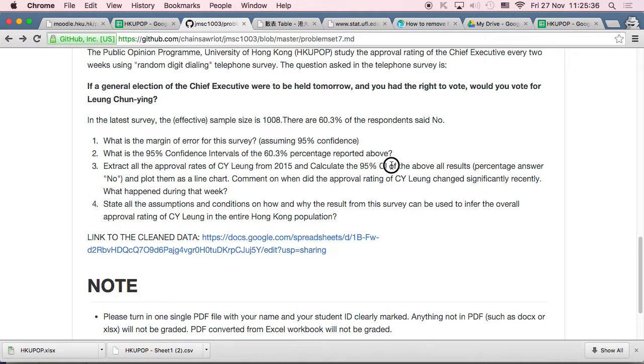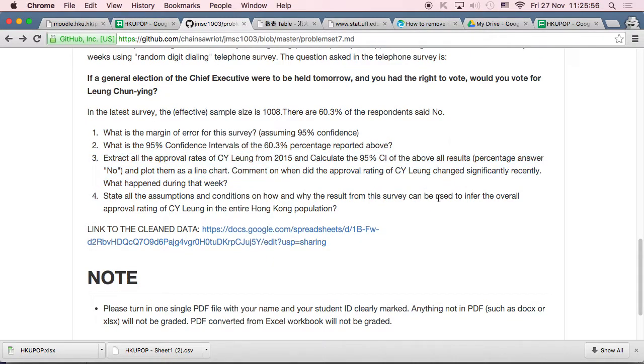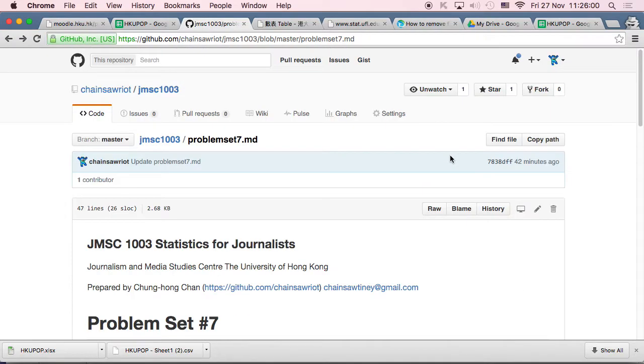And also, because your sample size increases, your estimation becomes more precise. You can get a more accurate estimation. And that's it.